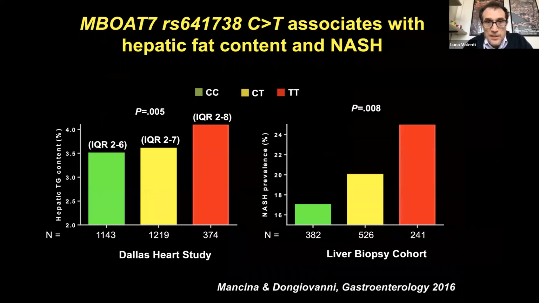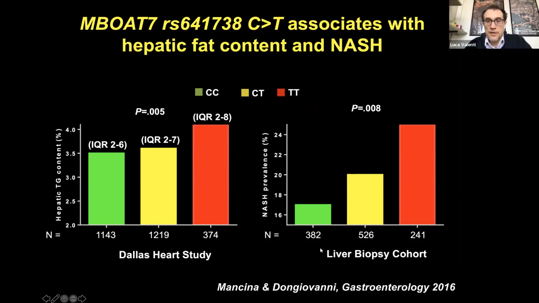In this case, we started from evidence a few years ago that this variant in the MBOAT7 gene is an independent risk factor for the development of alcoholic cirrhosis, which emerged from a GWAS study.